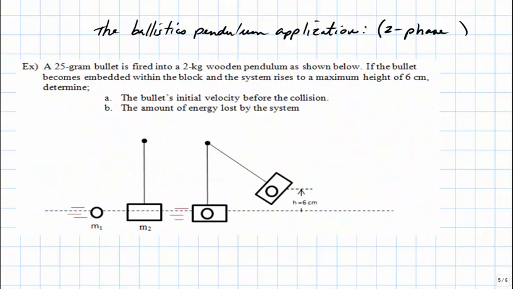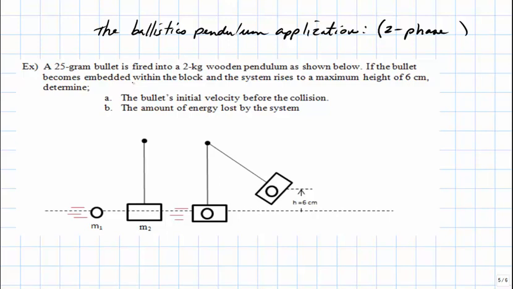In this application, a 25-gram bullet is fired into a 2-kilogram wooden pendulum as shown below. If the bullet becomes embedded within the block and the system rises to a maximum height of 6 centimeters, determine, in part A, the bullet's initial velocity before the collision.